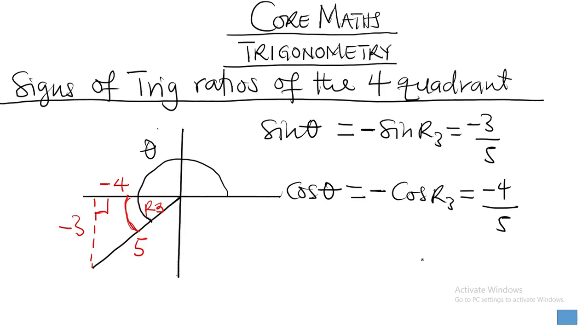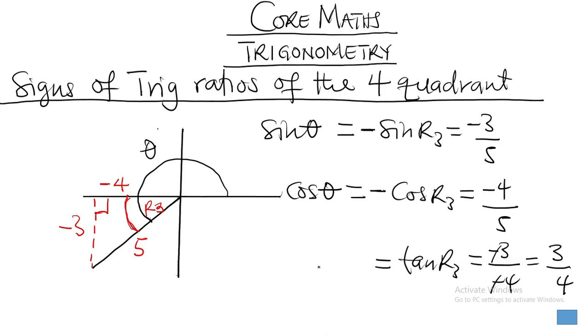Good. Now finally, tan R3. So we know that tan is opposite over adjacent. So the opposite is negative 3, the adjacent is negative 4. So here, the negative will cancel the negative. We are getting 3 on 4. So here tan R3 is positive. So we leave it as it is, because tan of an acute angle is positive.